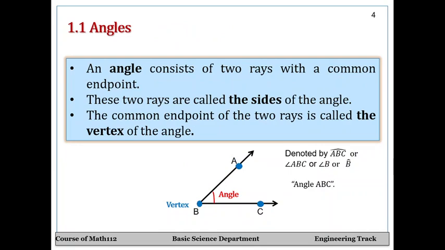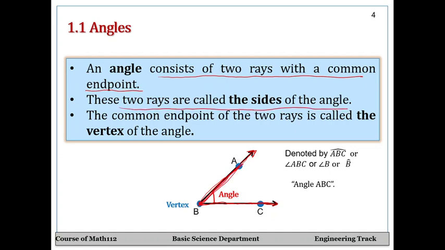Okay, an angle, zawiya, as I said before, consists of two rays with a common endpoint. So this is the case here. In some books it says that the angle is the union of two rays with a common vertex. So these two rays make an angle. And these two rays are called the sides of the angle.